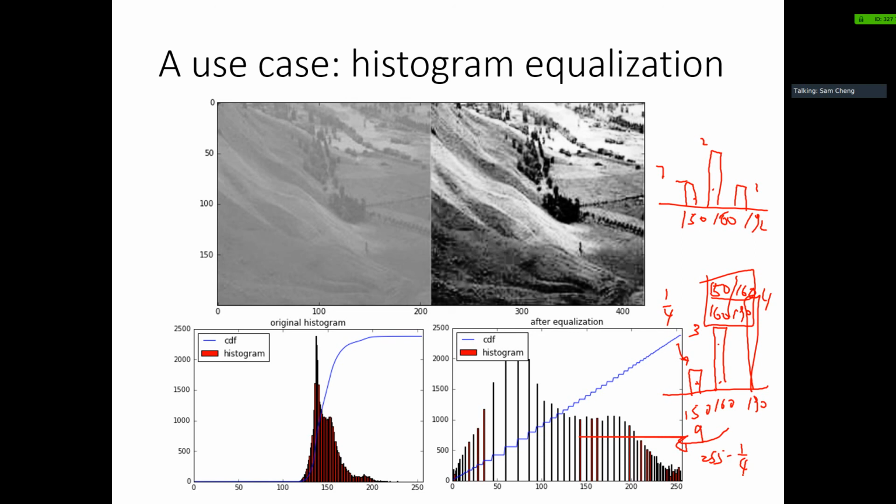And this maps to 255 times 3/4. And then the last one maps to 255. So this is 255 over 4, this is 255 by 3/4, and this is 255. Then it should have the effect of histogram equalization.